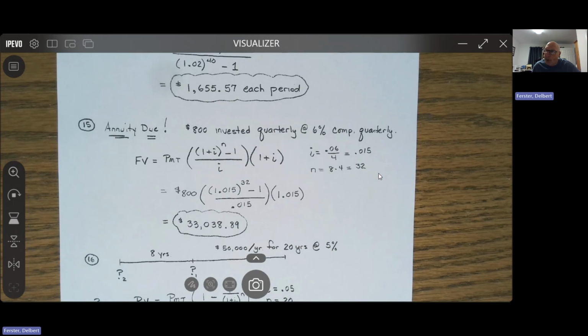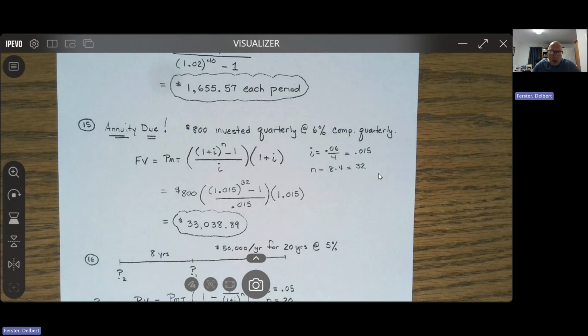Don't lose that last player, the 1 plus I, coming in as a result of the formula for annuity due. Once you get all the numbers plugged in, it's not too bad. All right, so the annuity due will have a future value of $33,038.89, and that would be the value of that annuity due at the end of the 8-year period. So that's our solution for 15.